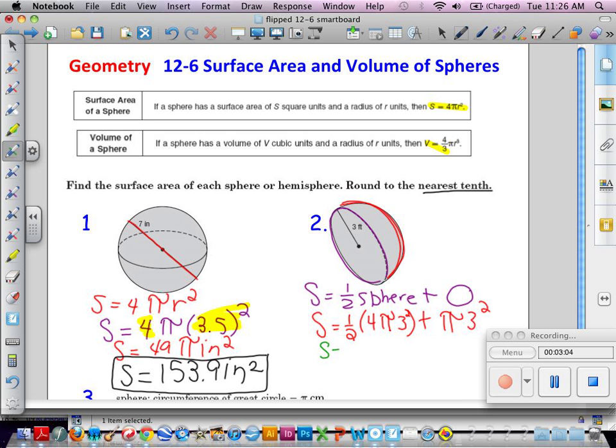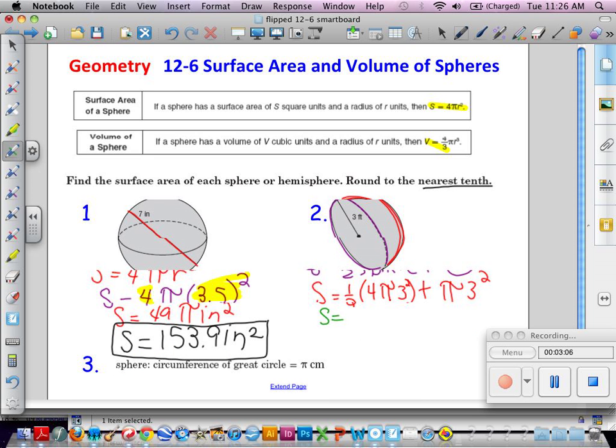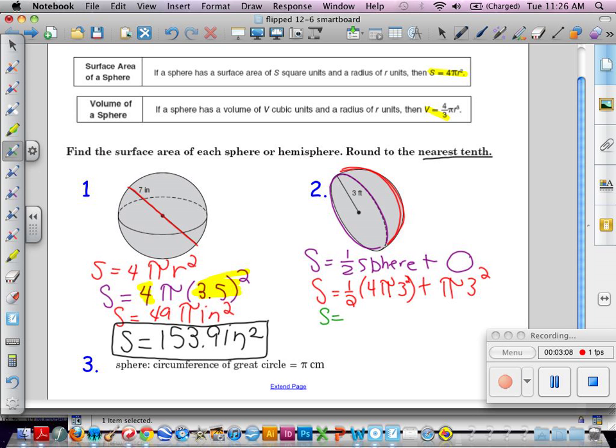So now my surface area equals half of 4 pi times 9, I get 56.5, and I take 9 times pi, and I get 28.3. I'm going to add those two together. I get 84.8 feet squared.